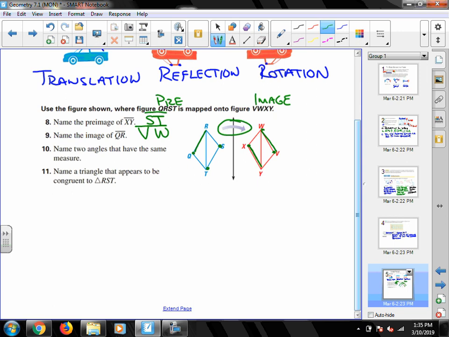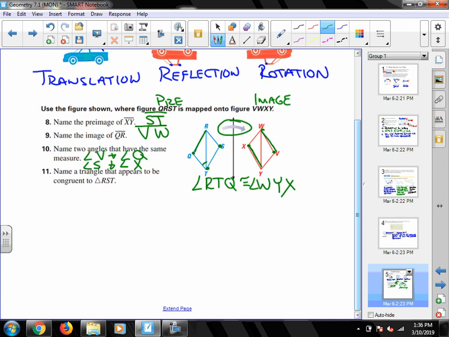You could have angle V and angle Q. You could have angle S and angle X. And you could also have these split angles here, RTQ being congruent to angle WYX.